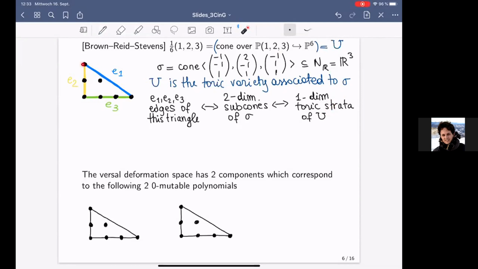And since here the lattice length of E2 is 2, this means that along this curve, U has a generically transverse A1 singularity.